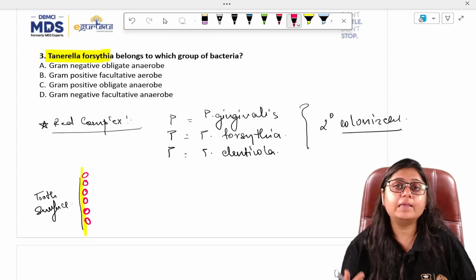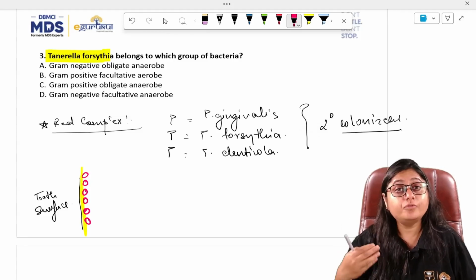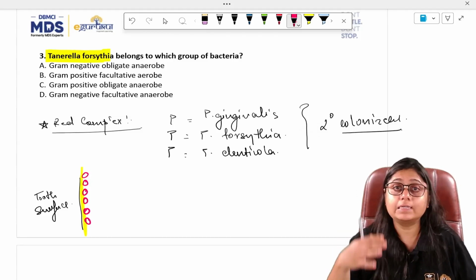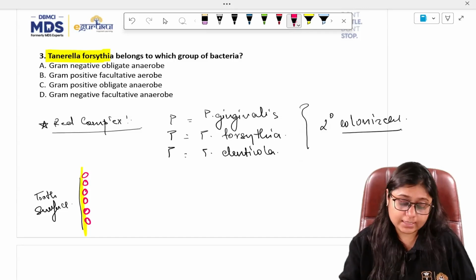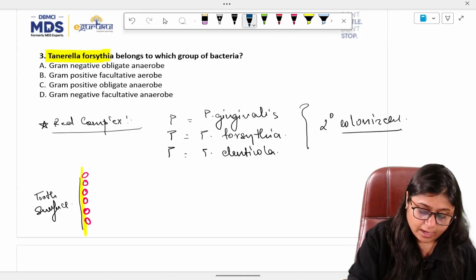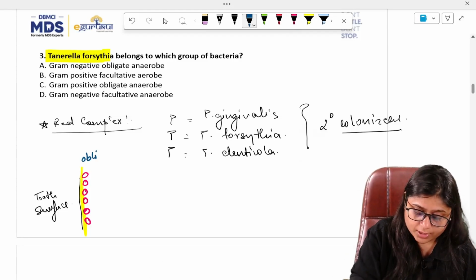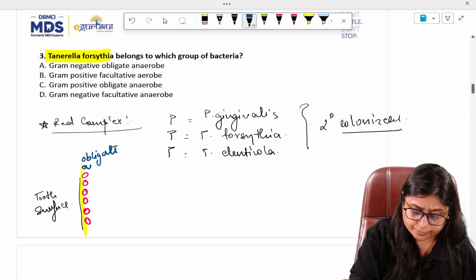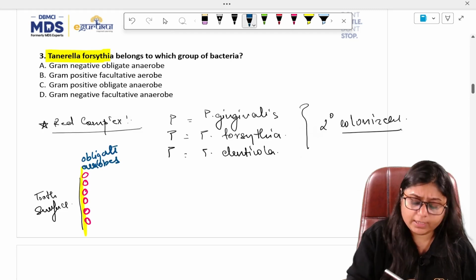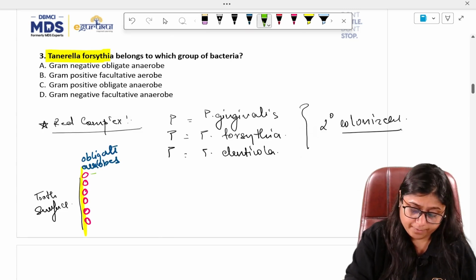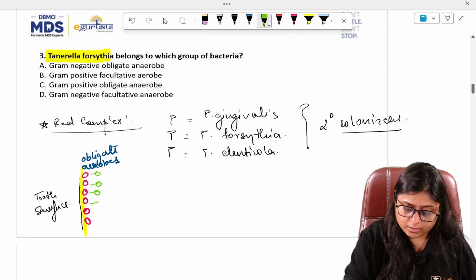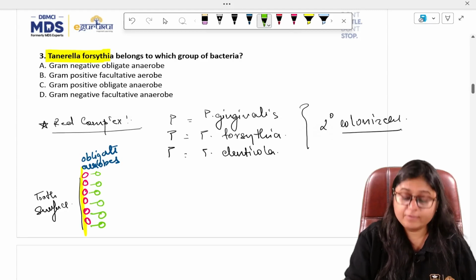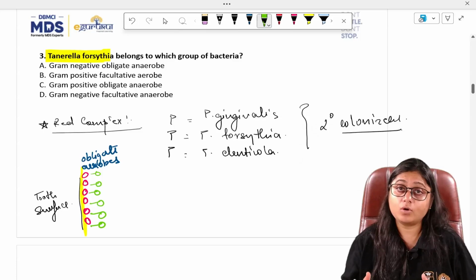When they are consuming the oxygen, what is happening? The amount of oxygen present on the tooth is decreasing, right? So, the first bacteria here are the obligate aerobes. Now, the next bacteria which come and attach can survive in the presence of less oxygen also.